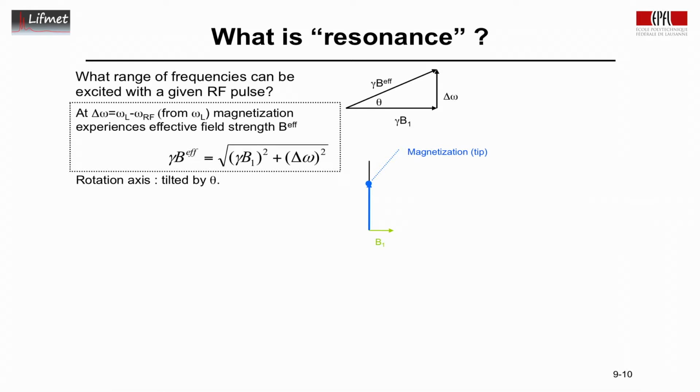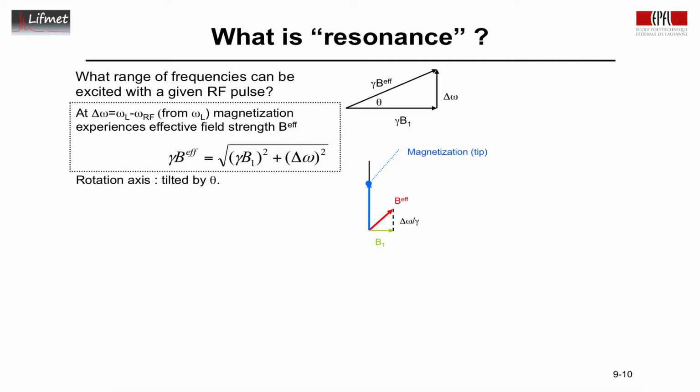Now we'll apply in our rotating reference frame a B1 that is constant, but we are not exactly at the Larmor frequency, so we have a delta omega over gamma, that's the delta B that is left. So we have also the Z component. So this corresponds to this, and this corresponds to this, so we get a B effective that's in this direction.